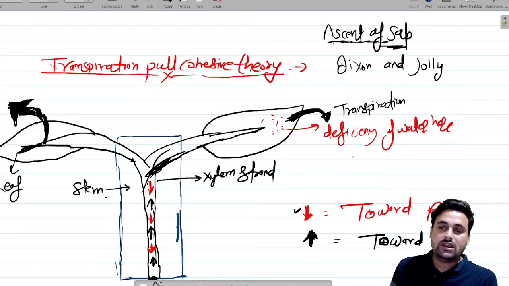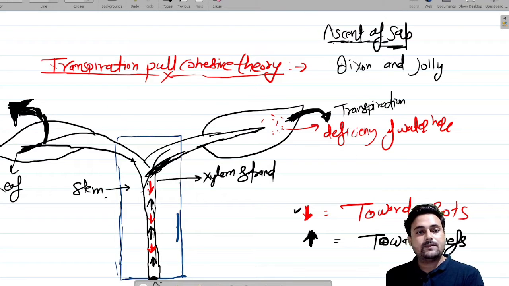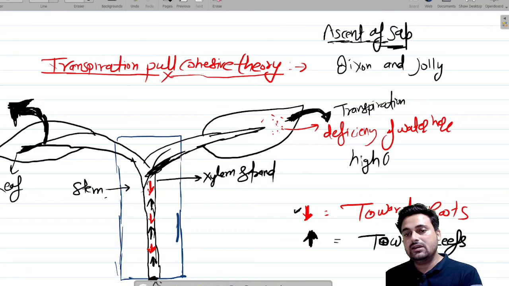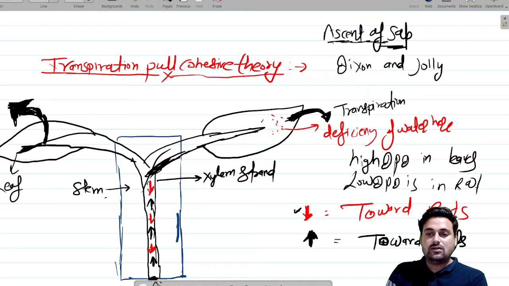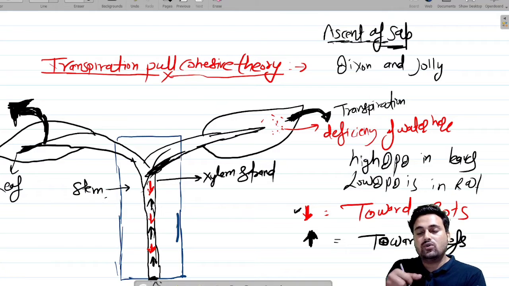That will create high DPD in the leaves, and low DPD in the root. That's why water is sucked through the root and will come up to the leaves.